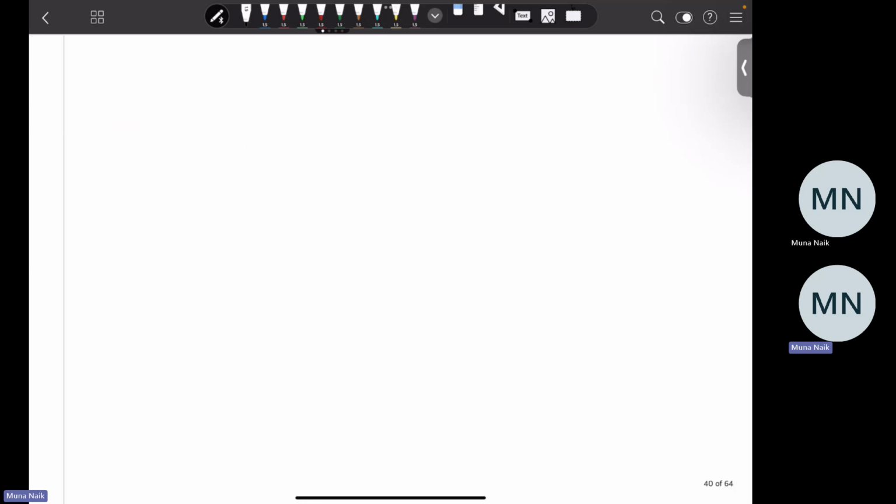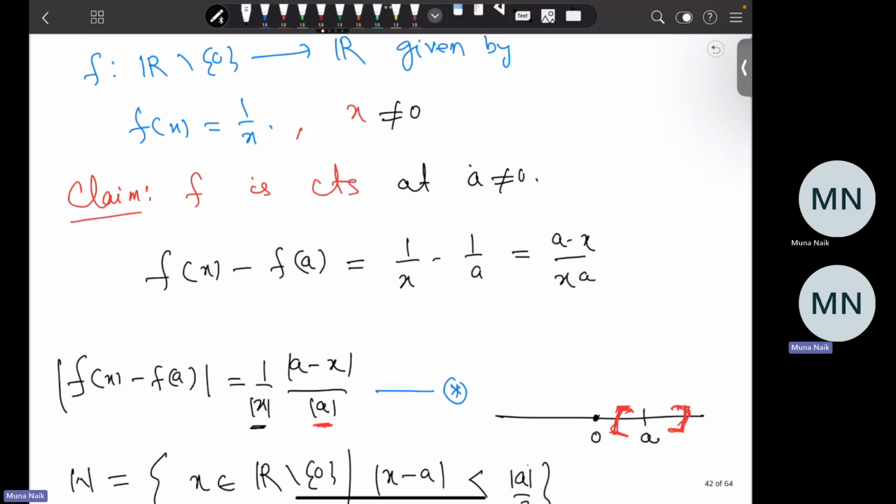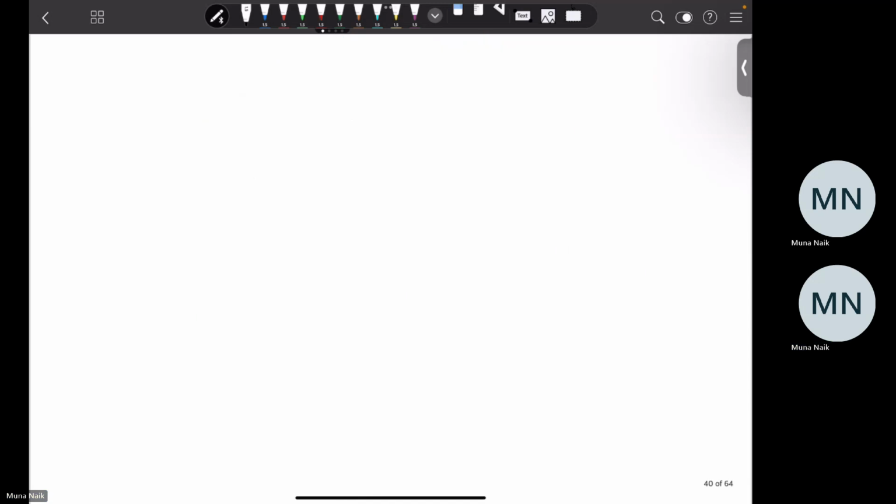Like in the one-dimensional case, where we estimated f of x minus f of a and wrote it in the form of a minus x, here we will write B inverse minus A inverse in this form.